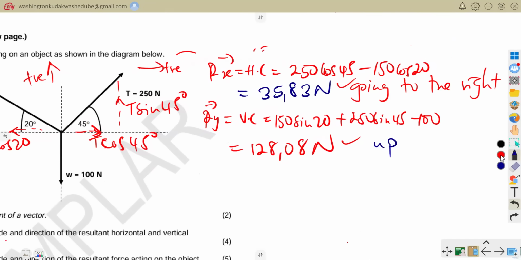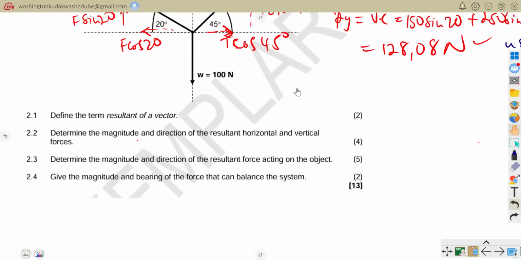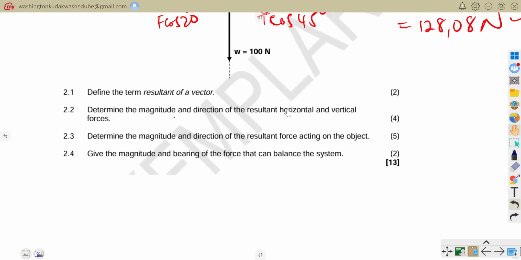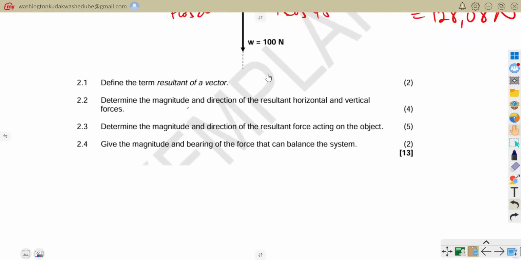So they now want the resultant of these two, the resultant that would act upon those.